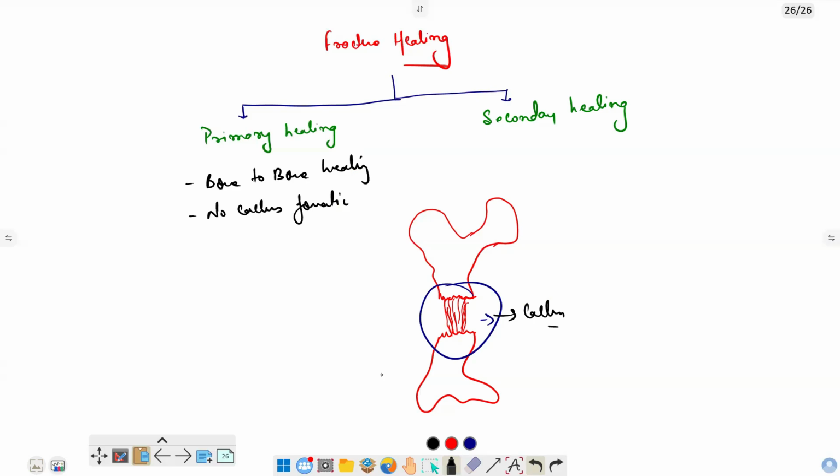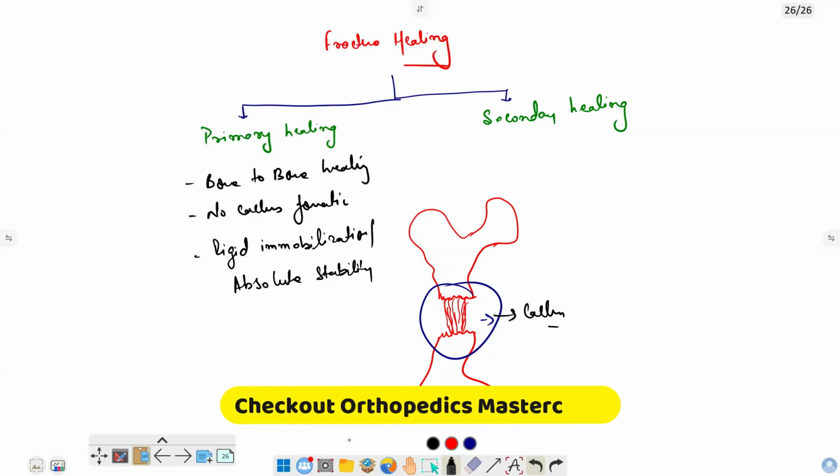Now, in the case of primary healing, rigid immobilization is a prerequisite. Absolute stability, rigid immobilization, is the most needed factor for the primary healing of the bone.